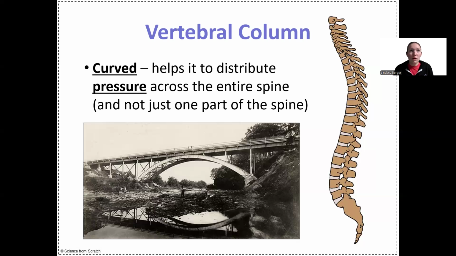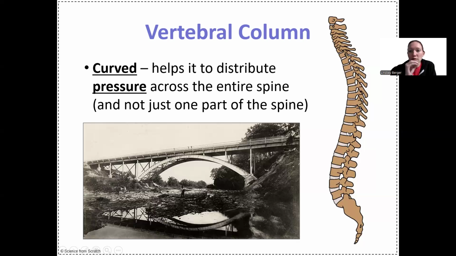You put a lot of force on your spine and on your bones every single day by moving, running, jumping, walking, sitting, all that good stuff. And you don't want to put a ton of force on something that is straight up and down. Say your spine was just completely straight up and down, like this edge of the screen here.